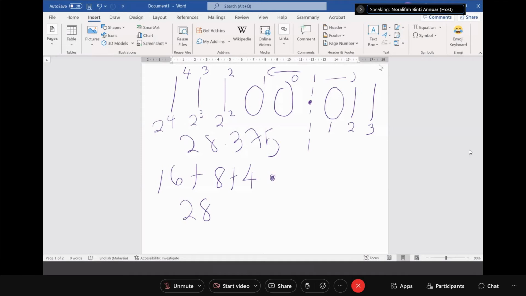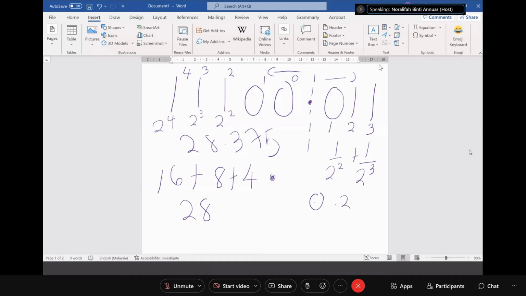So it will be 1 divided by 2 squared, which is 0.25, plus 1 over 2 to the power of 3, position 3.